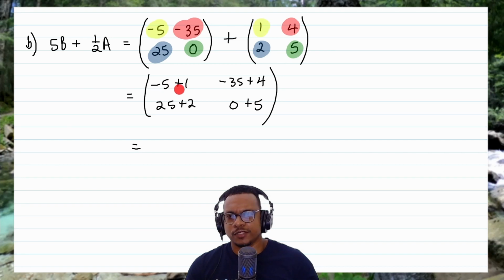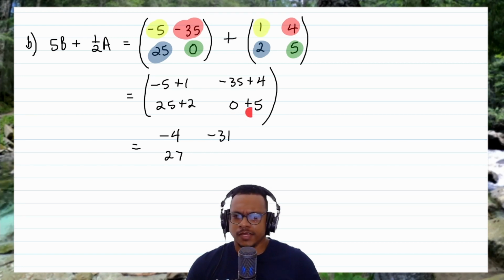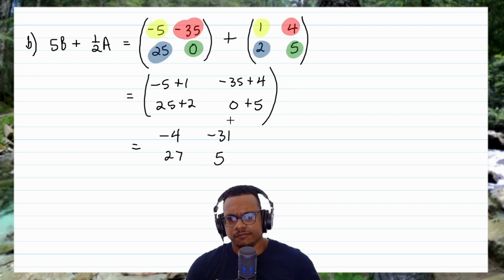So negative 5 plus 1 is negative 4. 25 plus 2 is 27. Negative 35 plus 4 is negative 31. And 0 plus 5 is 5. And this is your answer for 5 times B plus a half A.